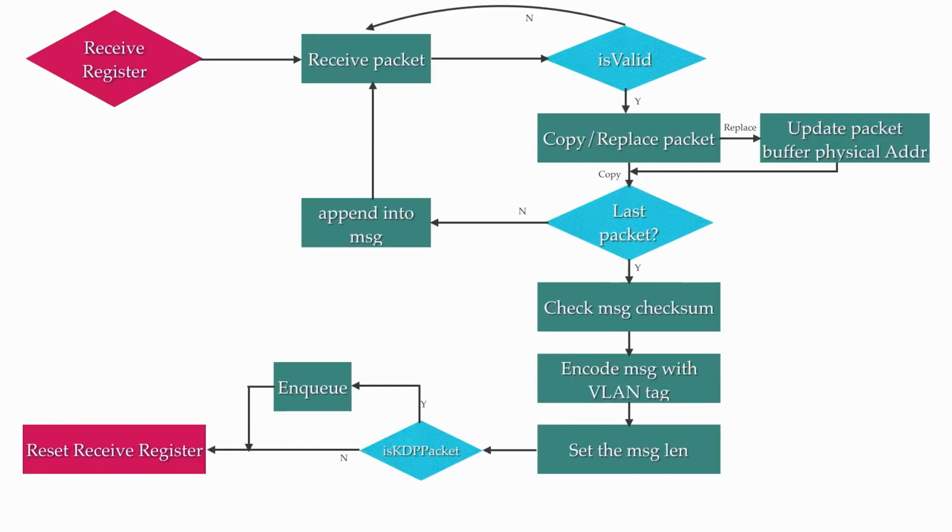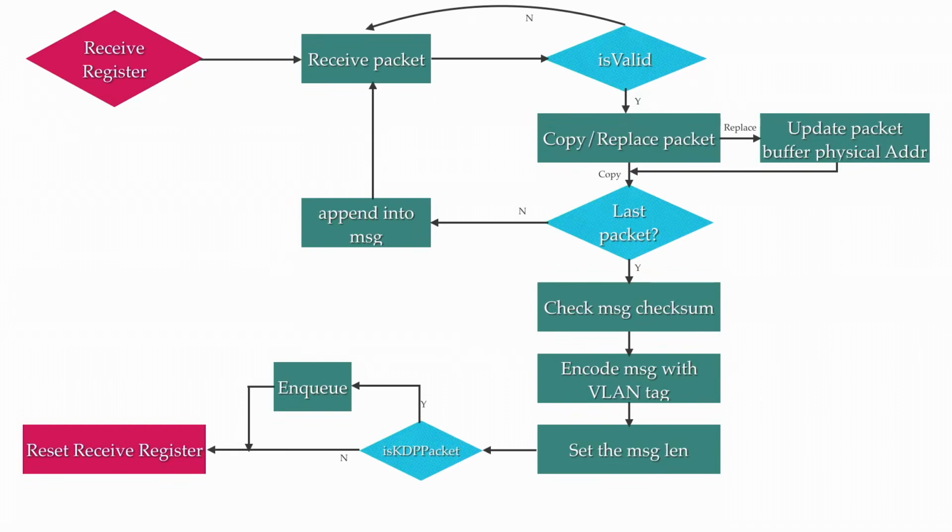Here is the main logic of the receive packet function. When it finds the receive interrupt, it will retrieve the packet and check if it is valid. If yes, this function will copy or replace the packet into a new buffer object.